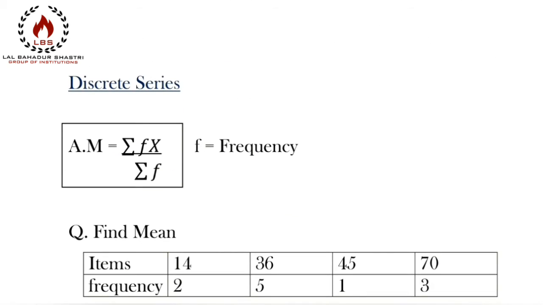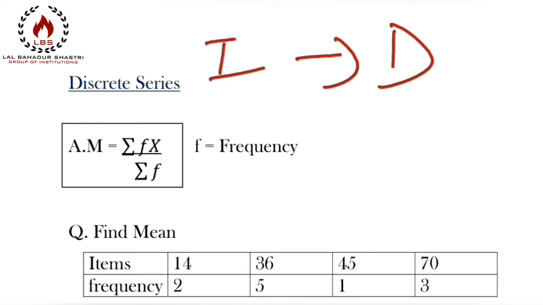Discrete series. In discrete series, now how will you generate the formula? From individual series to discrete series, the formula will be same, only some things will be added and some things will be removed. This is how you learn formula. Some things will be added in the particular formula and some things we have to remove.